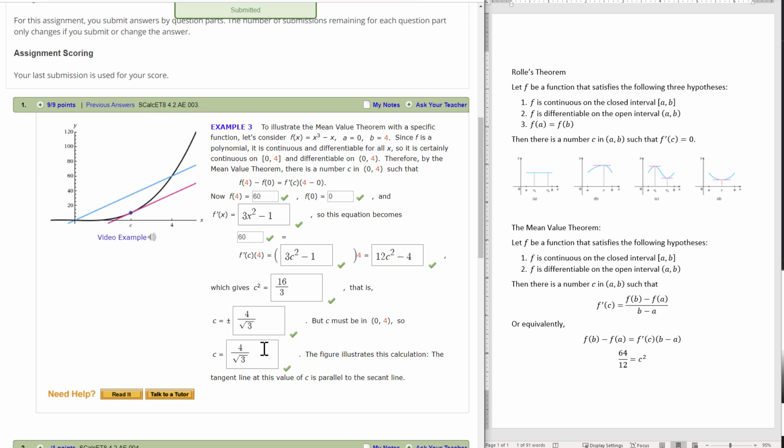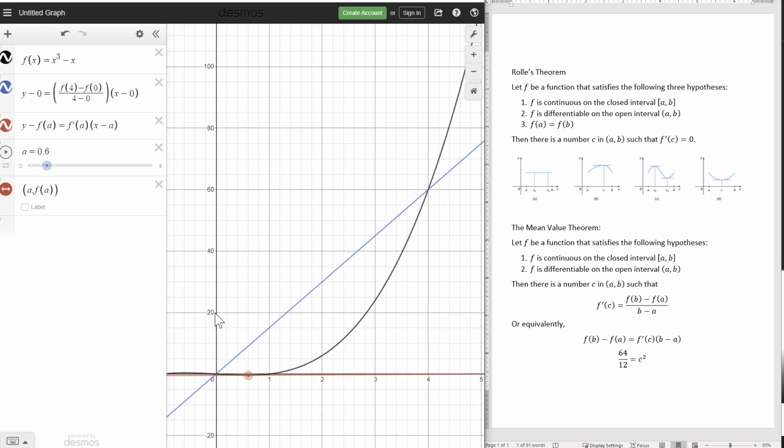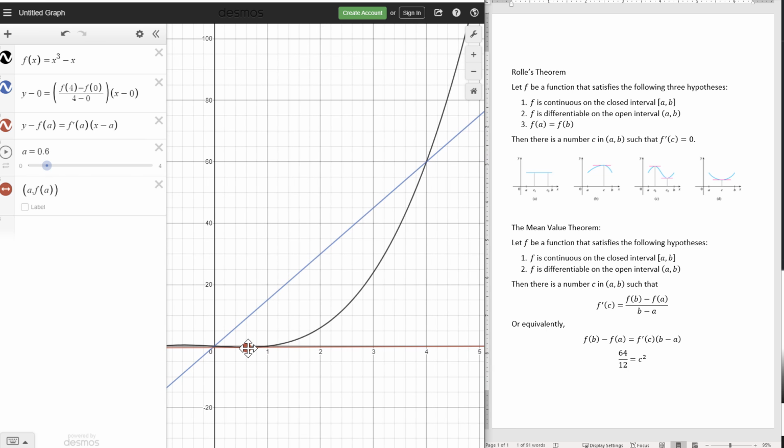So that all looks good. I actually did this in Desmos so that we can see a live graphic of it, and I set up my window so that it looks like this picture, and this is what we have. It's kind of close. And then what I have here is a point dragger, and what we're trying to illustrate with the mean value theorem is that you have the blue line going from 0 to 4, 60.